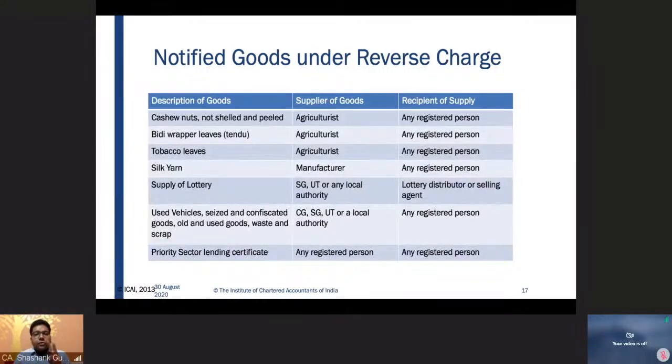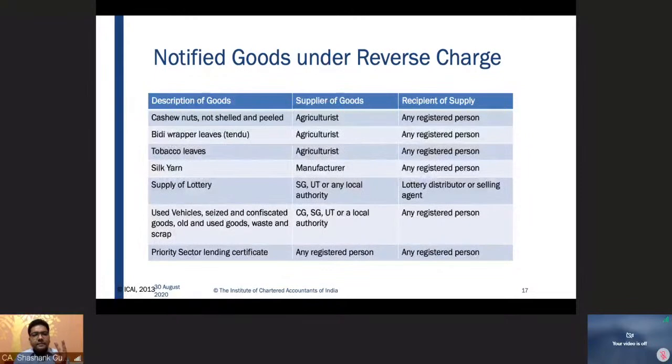Now there are three conditions for any supply of goods to be covered within reverse charge. First is specific description of goods, so the goods should be covered within that description.